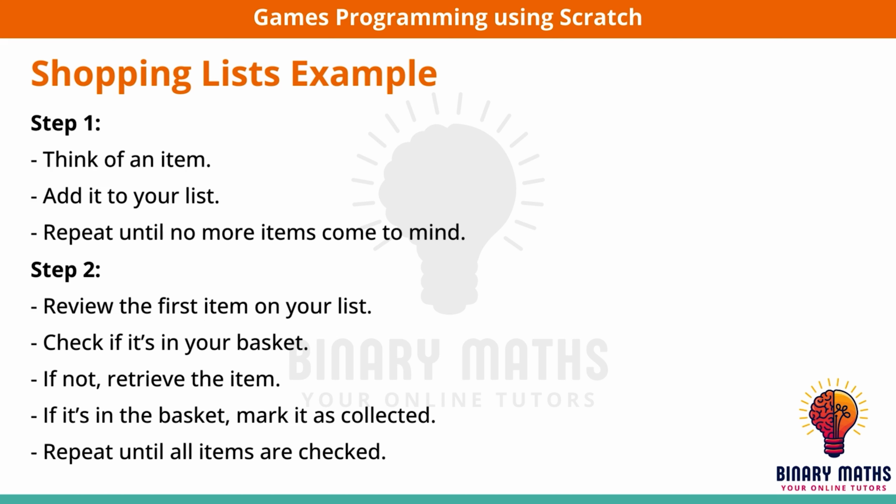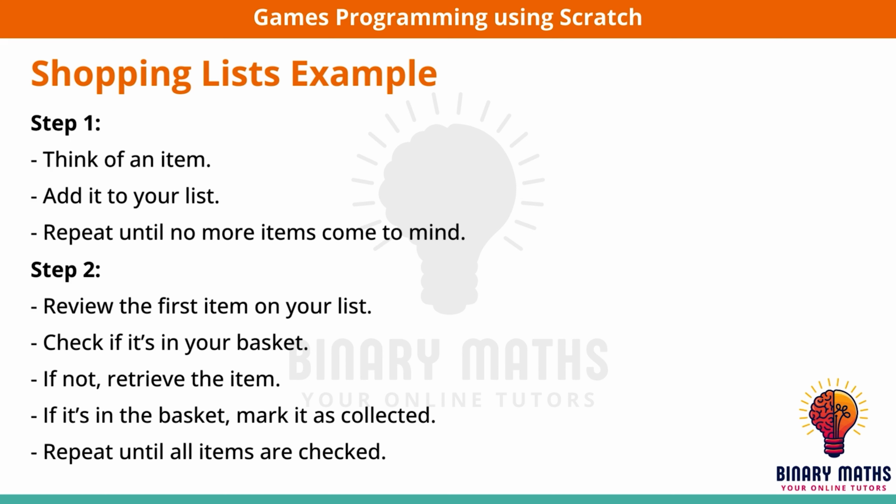Okay, let's break this down step by step. Here's how a computer could manage a shopping list. First, you think of an item you need, like apples or bread, and you add it to your list. You keep doing this until you can't think of any more items. Next, you go through your list. You look at the first item and check if it's in your basket.